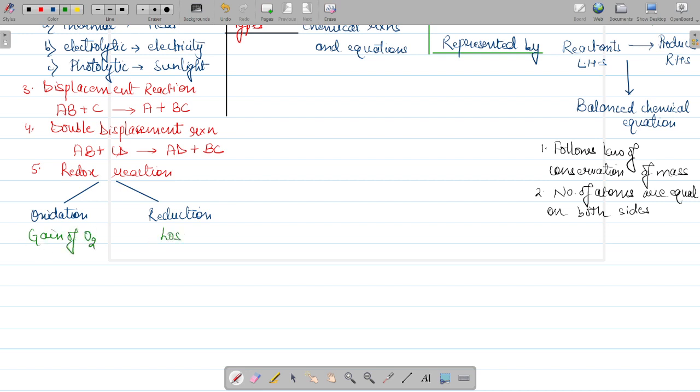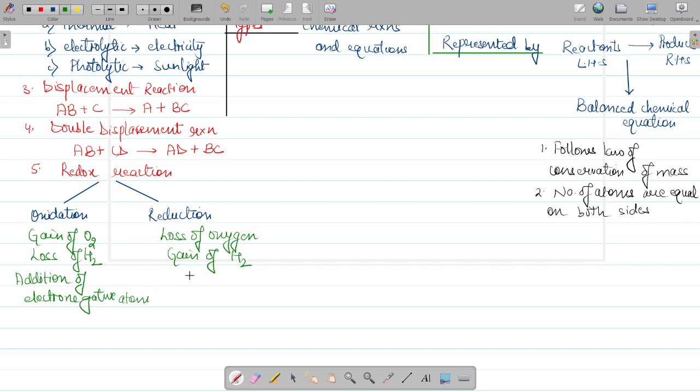and reduction will be the opposite, that is the loss of oxygen. In terms of hydrogen, oxidation is the loss of hydrogen, and in reduction, it is going to be the gain of hydrogen. Then you can also say that in the case of oxidation, there will be the addition of an electronegative atom.